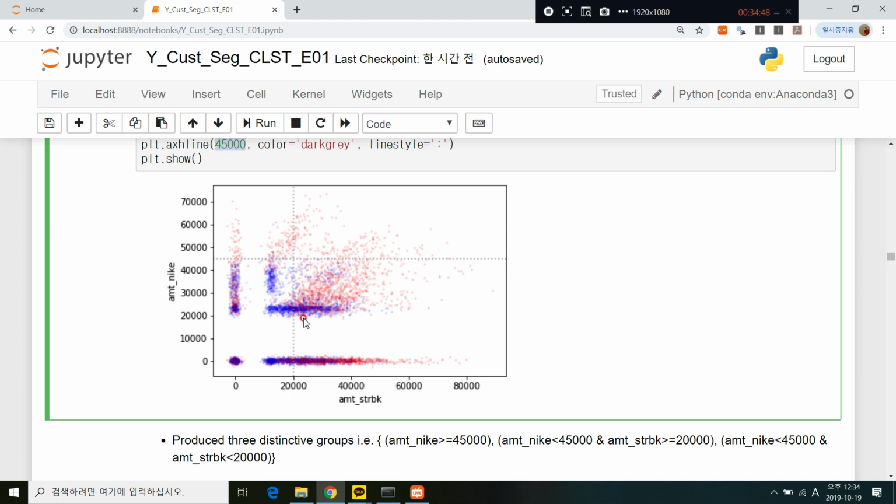There is a difference, but compared to the group above here, these two are a little bit different, right? It's all red here, a little bit red here, and mostly blue here. We can define these three as customer segmentation using grid-based and also visual understanding based segmentation.